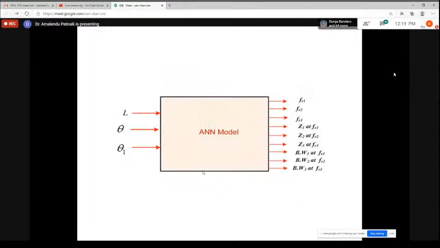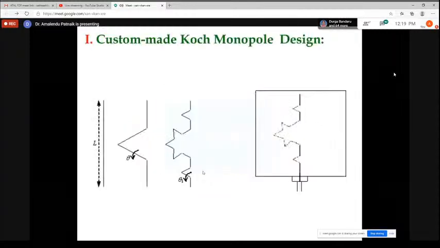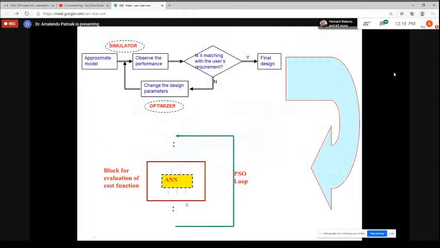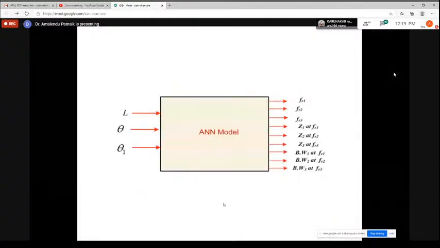So we have used this particular method to implement our design process. The first step is to design the trained neural network model for different L, theta 1. We calculated the resonant frequencies, the impedances and the bandwidths at those frequencies, and a trained neural network model was developed.